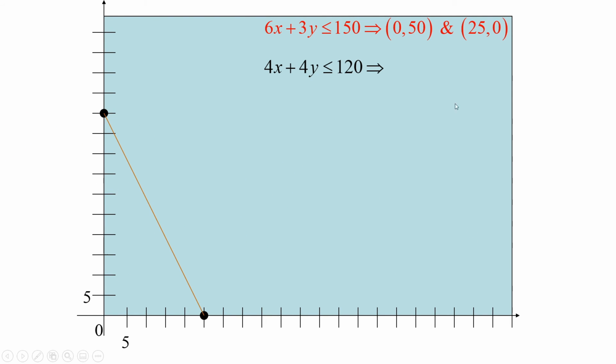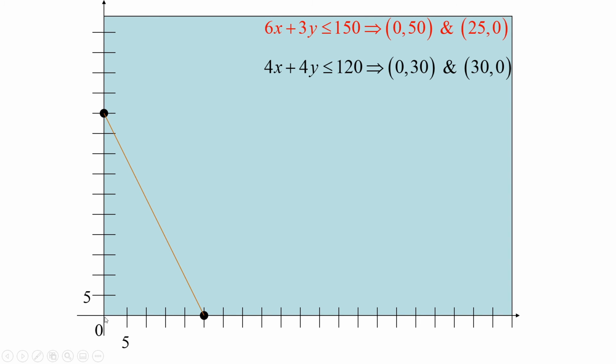Okay. Now, intercepts here. Well, if x is 0, 4 goes into 120 how many times? 4 goes into 12 3 times, so that would be 30. So 0, 30. Let's plot that: 5, 10, 15, 20, 25, 30. If y is 0, I get a 30 there too.